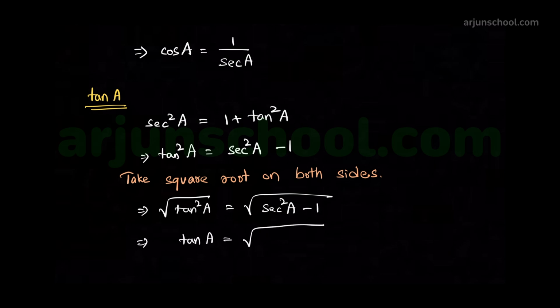Tan A is equal to root over secant square A minus 1. Therefore, tan A in terms of secant A is root over secant square A minus 1.